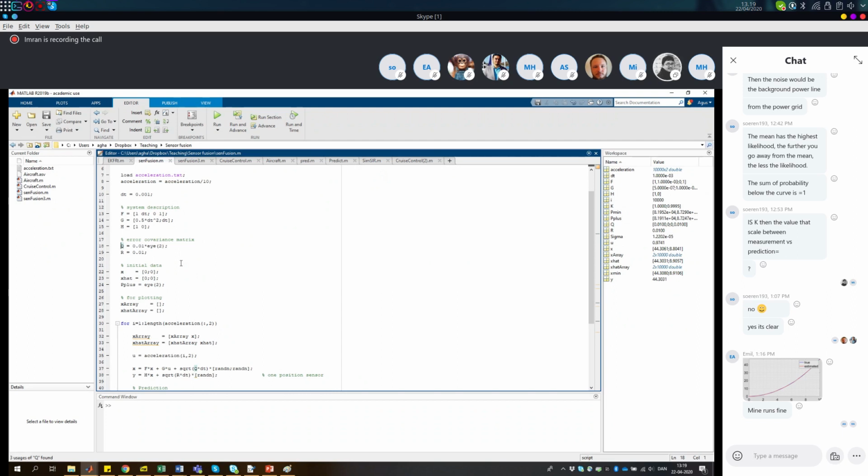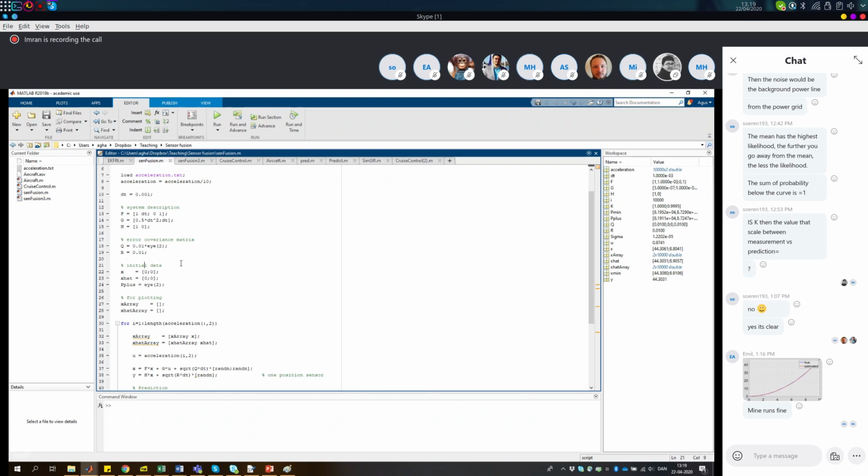If you have 3 variables, then this Q should be a 3 times 3 matrix. This should be diagonal. And then R is a scalar because we only have one measurement, which is the position. If you have 2 measurements, then you also need to multiply this with the identity matrix of size 2.